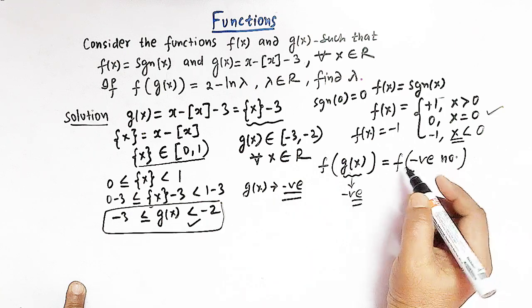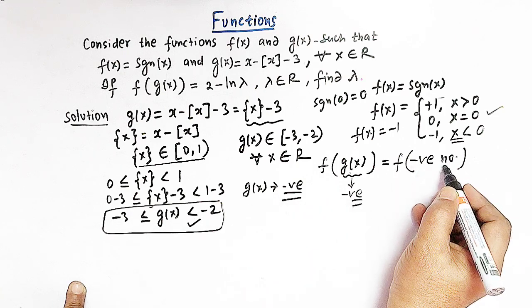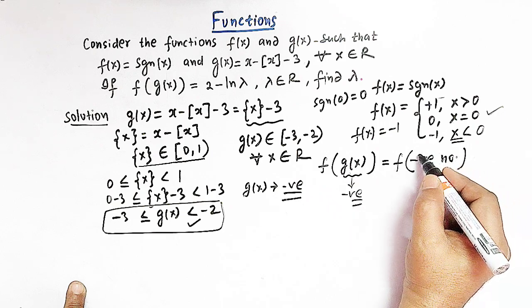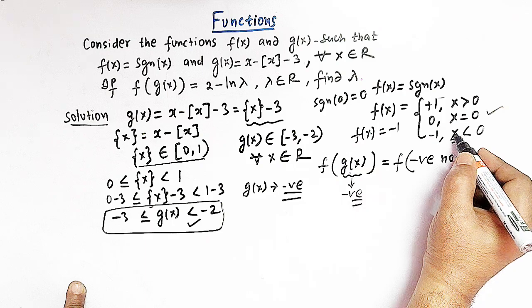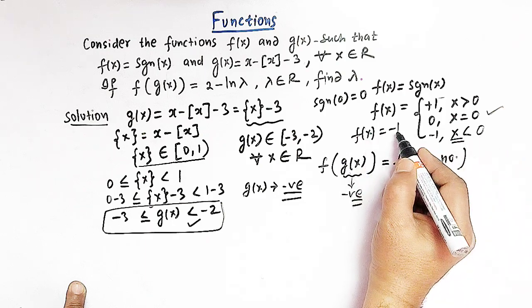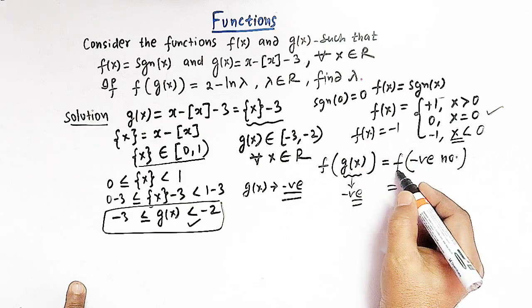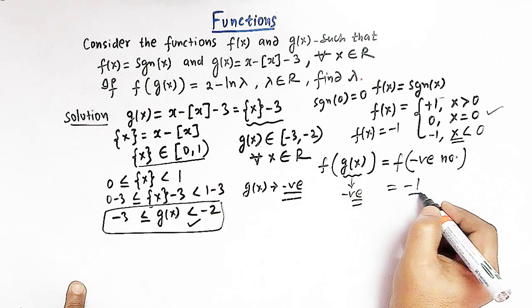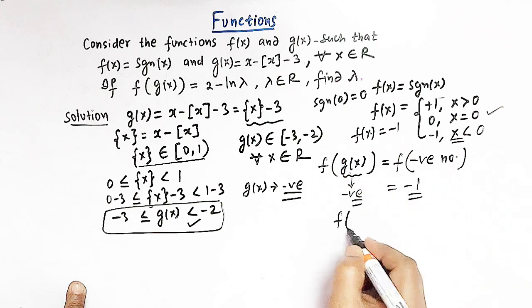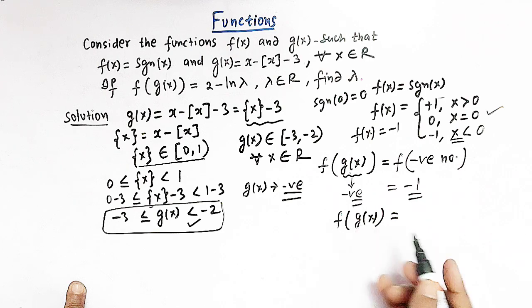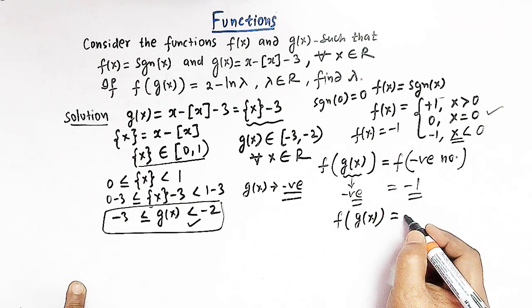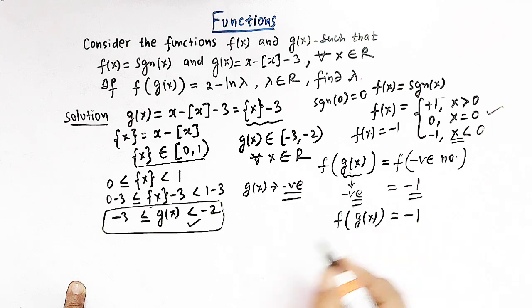So f of a negative number is minus 1. The value of f of g of x, the composition of f and g, is given by minus 1 for all values of x belonging to R.